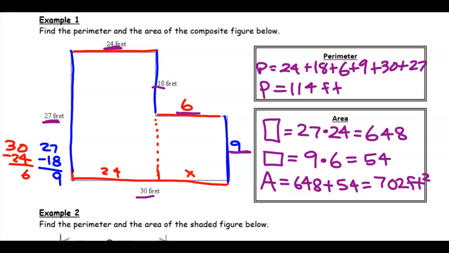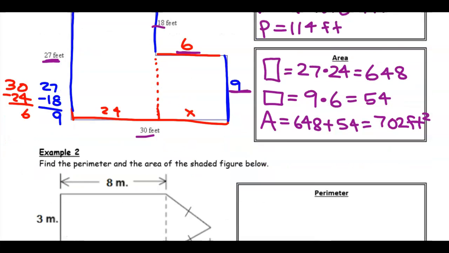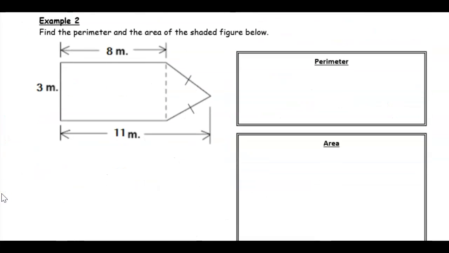You got it? Okay. So example 2. All right, perimeter. Now, if this is 8 from here to here, what about from here to here? What's this going to be? Okay, this matches. If this side is 3, then over here this is going to also be 3. Now, I'm going to need to find the height of this triangle.